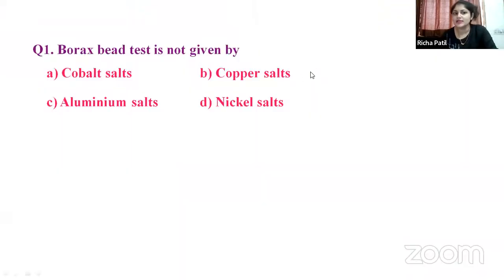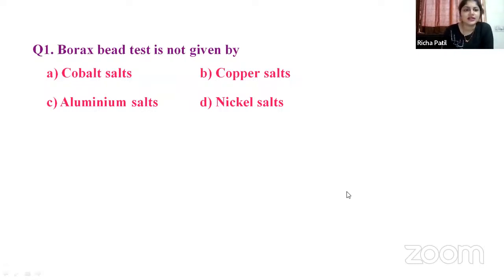Borax bead test is not given by... Here the answer is C.